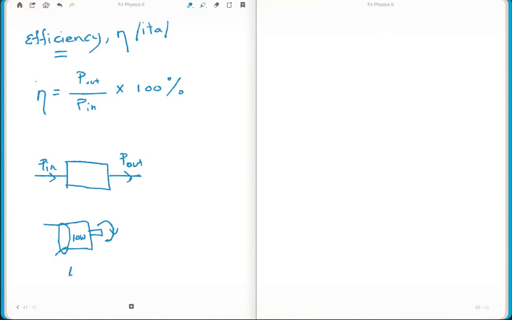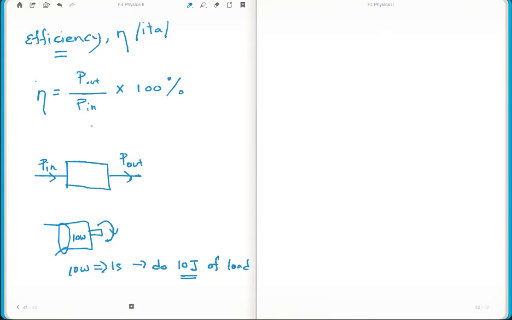It means in 1 second it is capable of doing work or lifting 10 joule of load. In every 1 second, 10 joule of load. This is what it means by 10 watt. I think that's all about it.